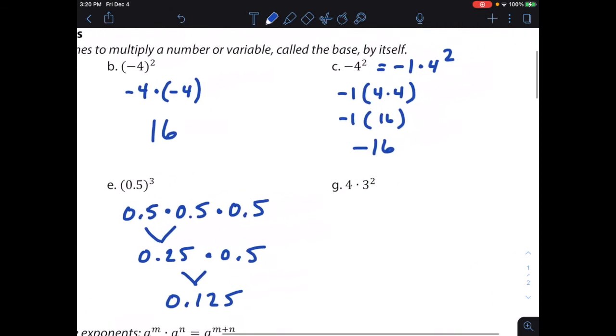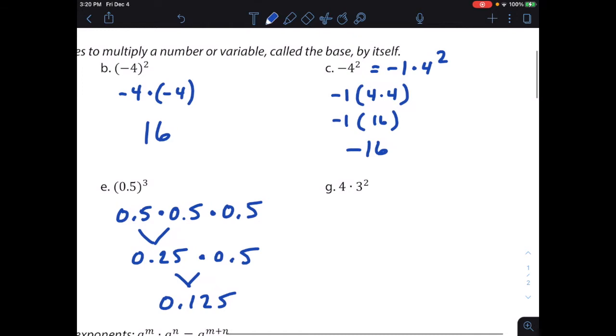Okay, the last example in evaluating expressions, it's right beneath the one that we did with the -4 squared or -4 to the second power. And there's a reason for that, because when we have 4 times 3 squared, what a lot of people like to do here is multiply the 4 times the 3 and then take it to the second power.